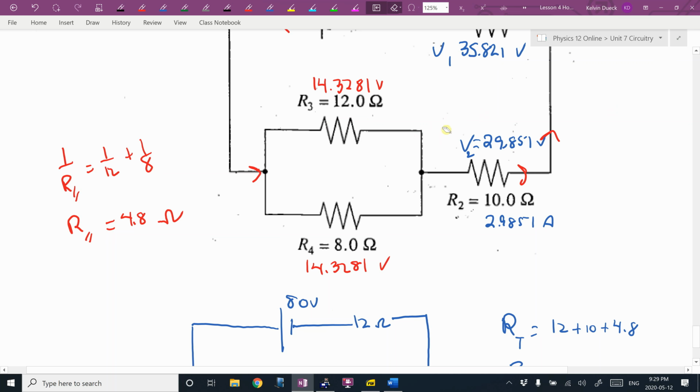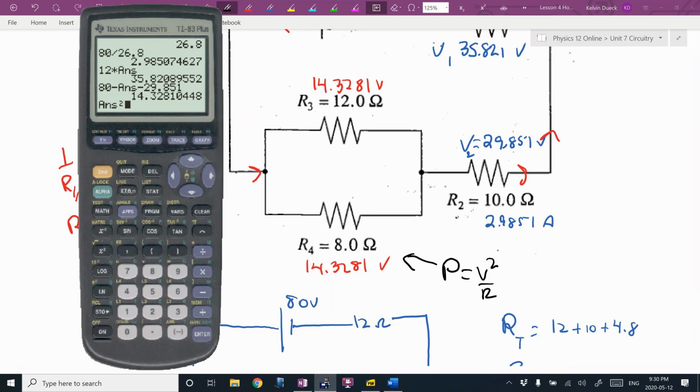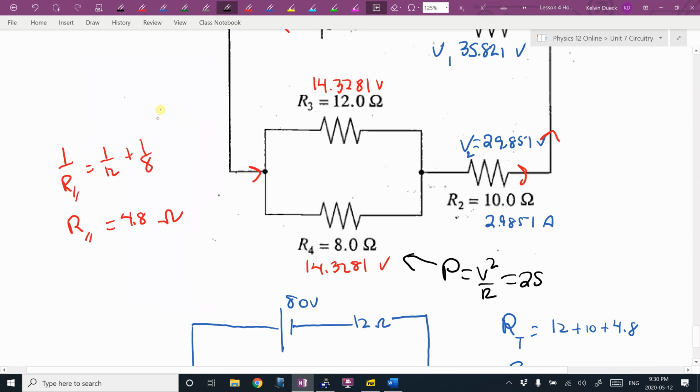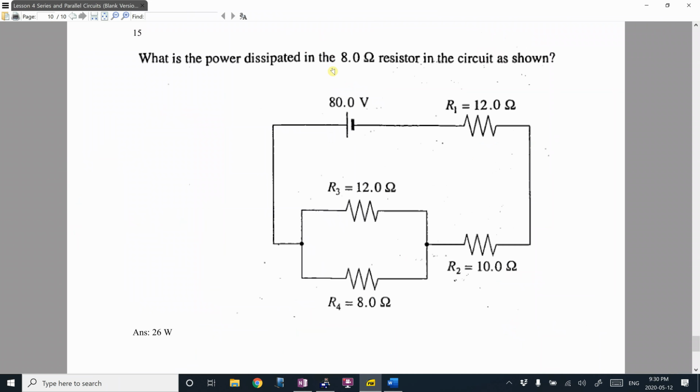Let's go to black, Mr. Dewick. I can say here, power equals V squared over R. I could find the current, but I got voltage, I got R, there's a power formula for that. It's going to be that squared over R, and I get 25.7 watts. What did the question say that the answer was? 26 watts. There you go.